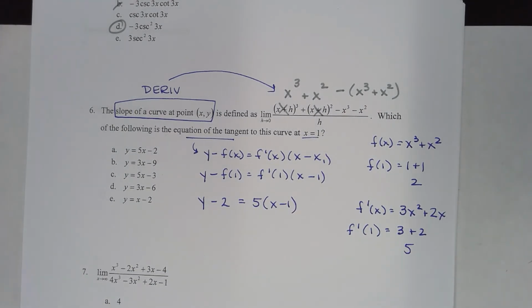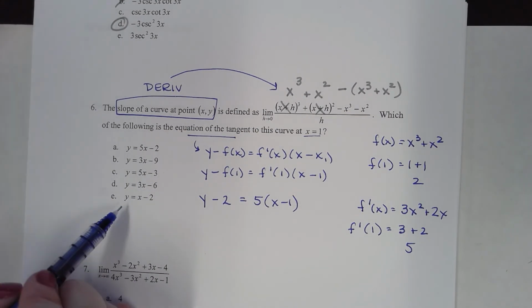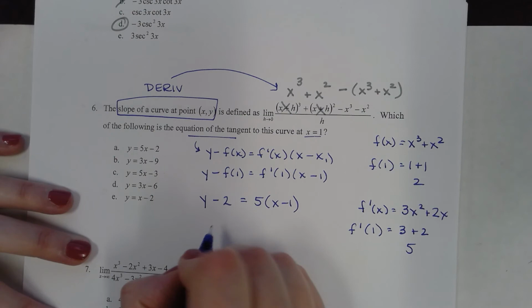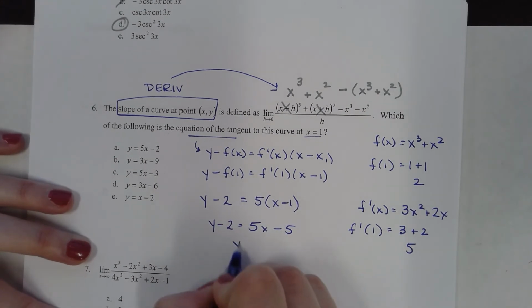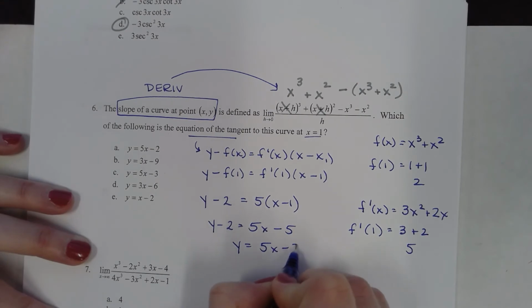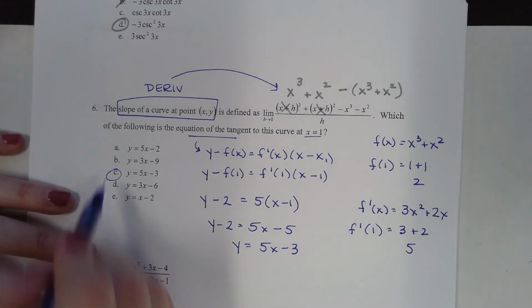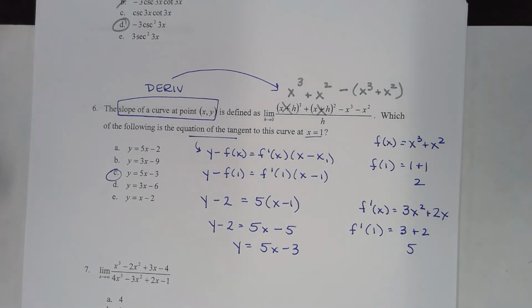Now that choice isn't there. If I look at this, all of my choices are in y equals form, so I just need to solve for y. And I've got my answer. Oh, that was a fun one.